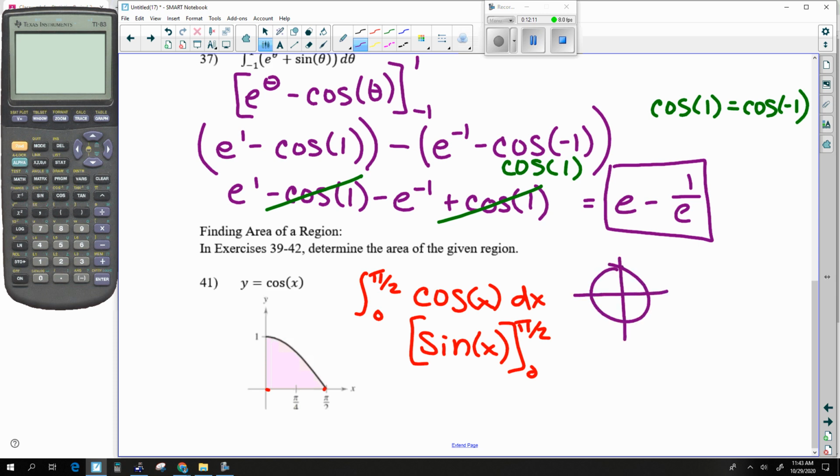I'm interested at pi over 2 and 0. So this would be the evaluation at pi over 2, where the sine value is 1, minus the evaluation at 0, where the sine value is 0. Thus this is equal to 1.